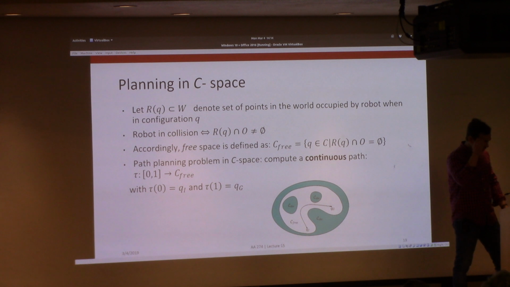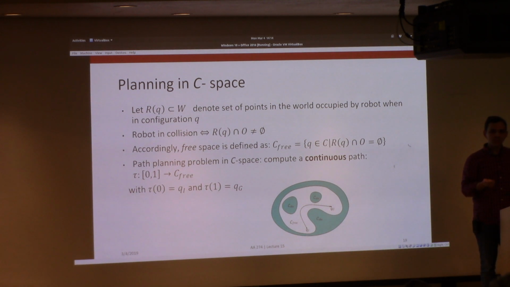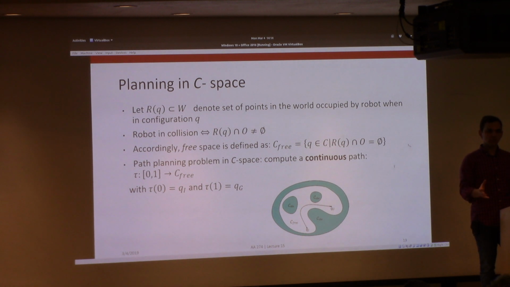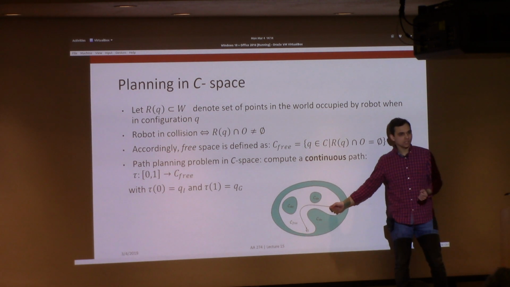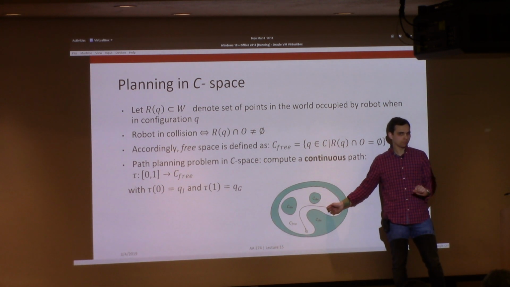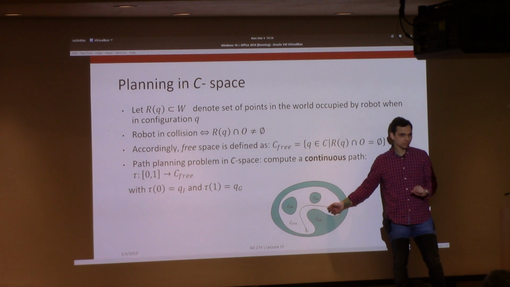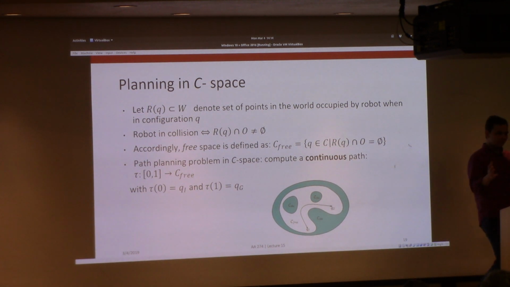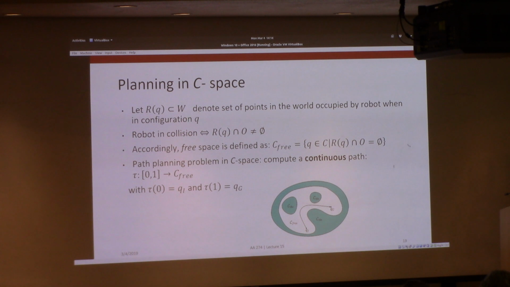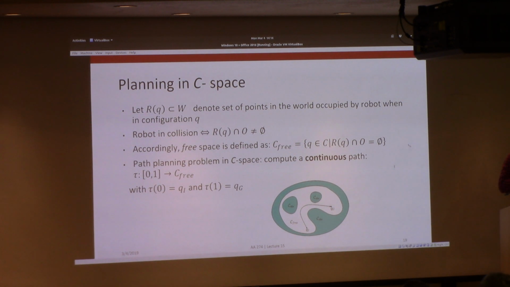So now instead of thinking about trying to find a path for the robot that doesn't collide with obstacles, we just need to think about finding a continuous curve that lies entirely in the free space of the problem. Okay? So this is exactly the same problem that we had earlier in the discrete graph, only in the continuous setting. Okay?